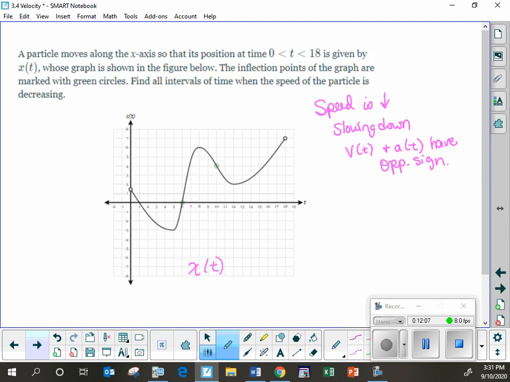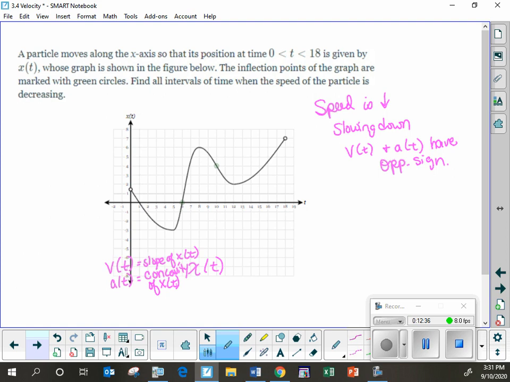There's two things I'm going to look at. I want to look at velocity, which is really the slope of x of t. And then I want to look at a of t, the acceleration, which is really, when I'm looking at position, the concavity of x of t.